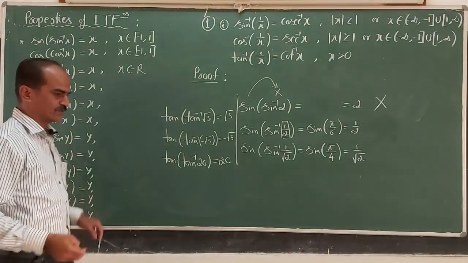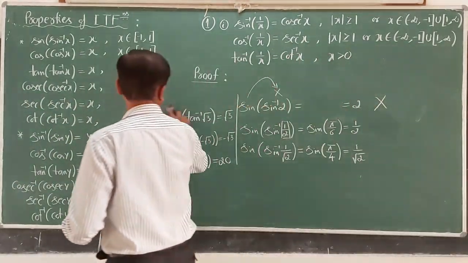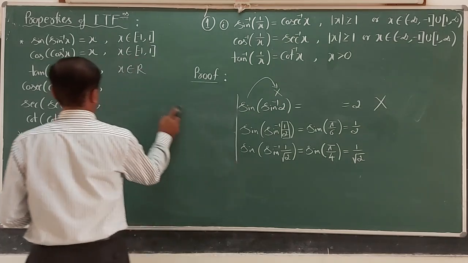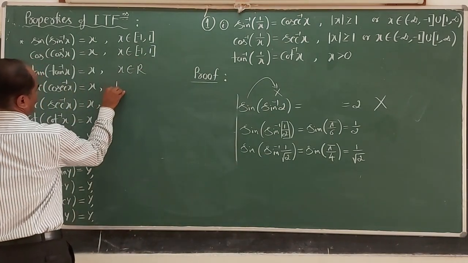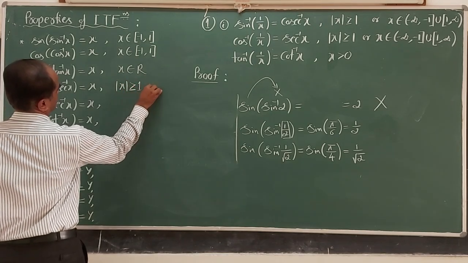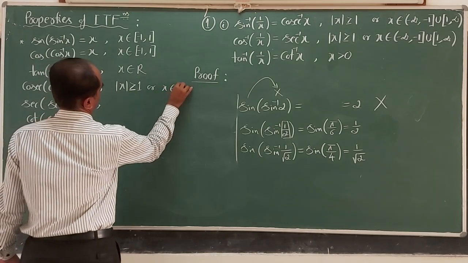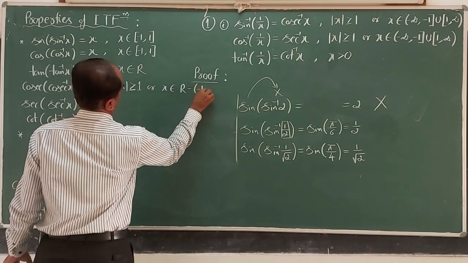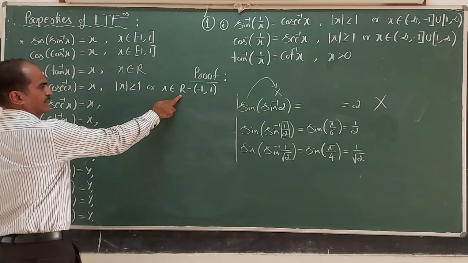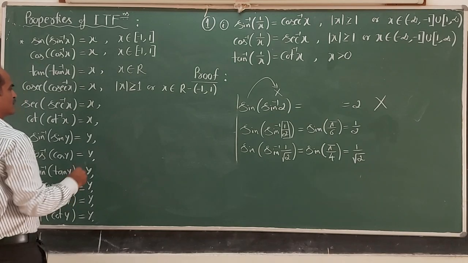Now, cosecant of cosecant inverse x is also equal to x. Then what are the values of x there? Modulus of x must be greater than or equal to 1, or x belongs to the set of all real numbers other than the numbers lying in the interval minus 1, 1.